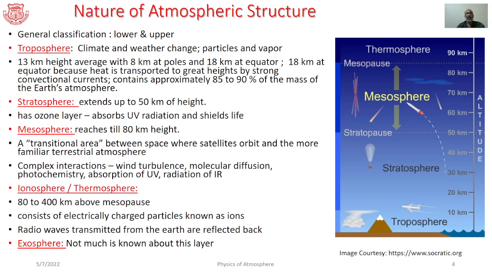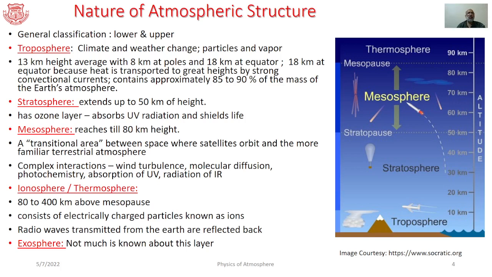This is a very general classification, because as we deal with the Earth's surface and as the pollutants are emitted, according to our knowledge, they will be traveling up to a certain extent, they will be interacting within a certain vertical height, and their fate is decided in a certain portion of the atmosphere that is well known as far as our knowledge is concerned. Such region is termed as lower atmosphere, whereas beyond that what exists is upper atmosphere.